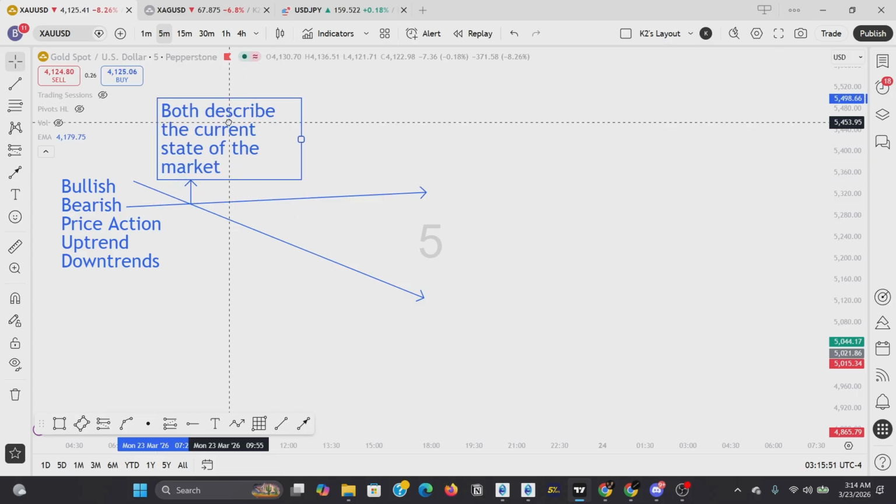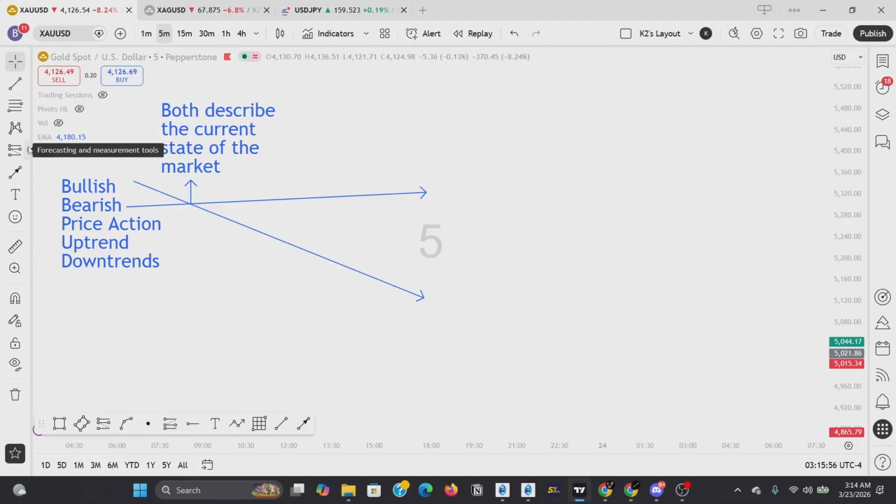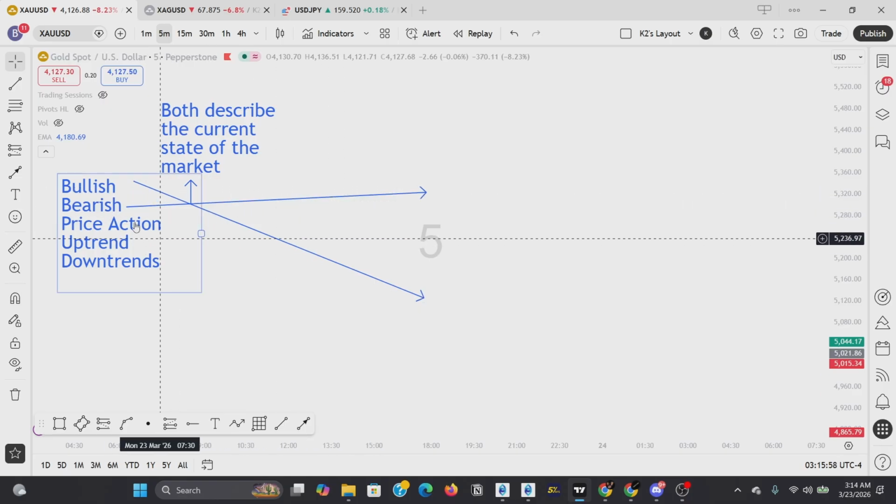So bullish and bearish, bull or bear, would both describe the current state of the market.